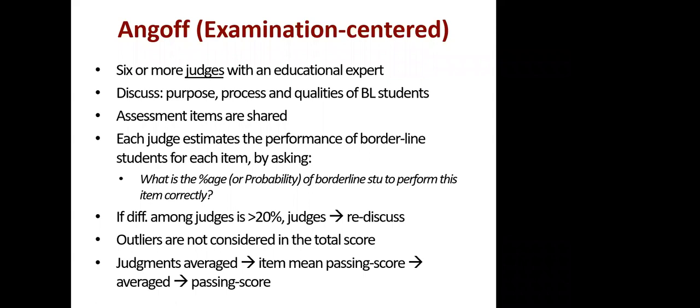Hence we at AKU give a chance, and they can make the other judges change their judgments based on evidence and rationale. They can change their own judgments, but if outliers remain outliers, their percentage for that one item is not included. The judgments are averaged for each question, and the averages for all questions are again averaged or totaled to get the passing score for the exam.